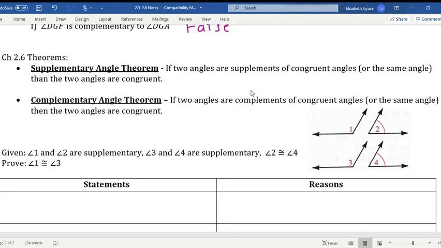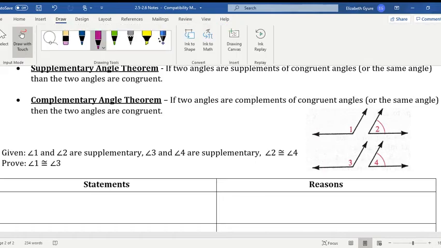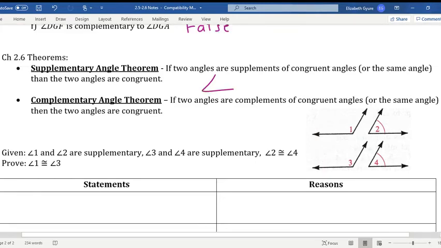The supplementary angle theorem says if two angles are supplements of congruent angles or the same angle, then the two angles are congruent. So what that is saying basically is, and I'm just going to draw a small example, let's say I told you that angle A was 50 degrees, and I told you that angle B was 130 degrees.